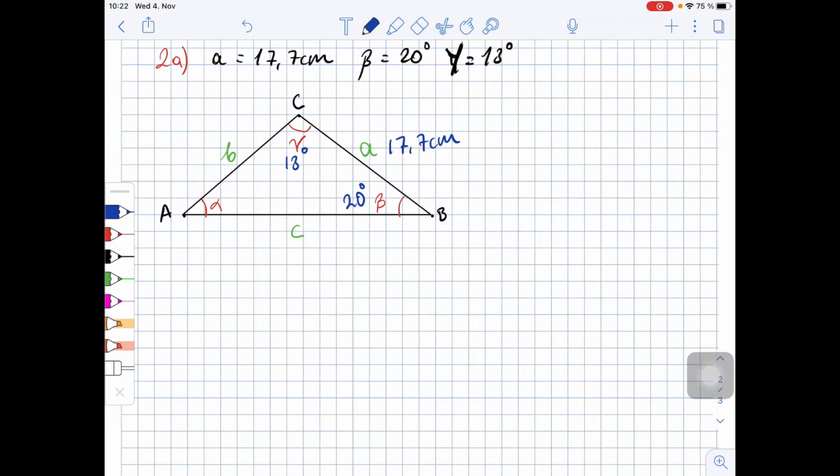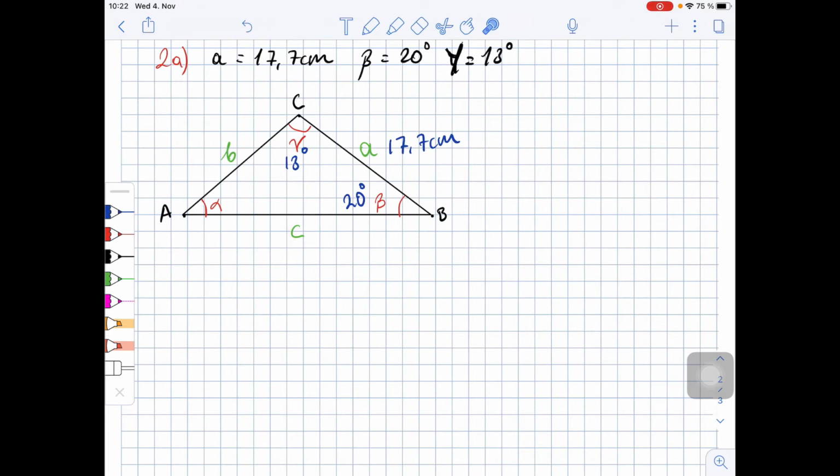Again, Kosinussatz or the Sinussatz. I know only one side and then two angles. Which one is going to work? Of course, the Sinussatz. Let's look at the Kosinussatz first, for example for C. You're trying to find C. What does the formula say?